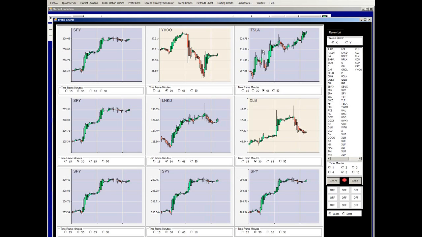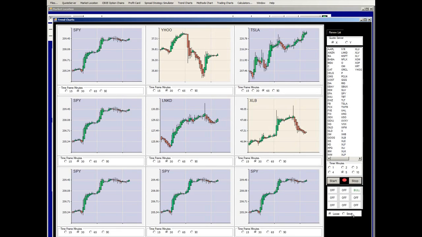One thing we've recently added to the trend chart screen is a very useful pullback alert. You can see these 9 panels in the lower right corner of the screen, in a location that matches the 9 charts. If we wanted to be alerted when Tesla had pulled back, we can set a bullish scan.